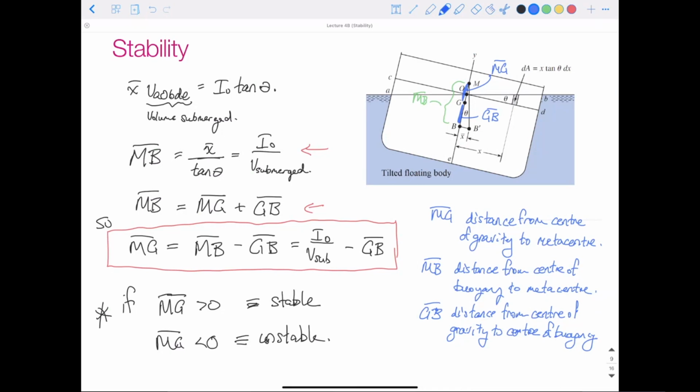And we have an equation above for mb. So we substitute that in and rearrange, and we get an equation for the distance from the center of gravity to the metacenter. And if that distance is positive, we are stable. And if it's negative, then we have an unstable system.